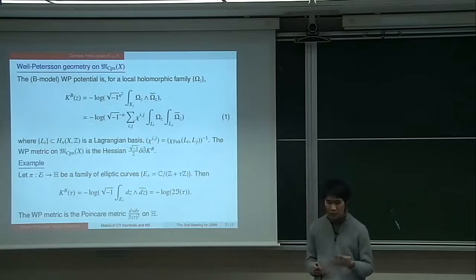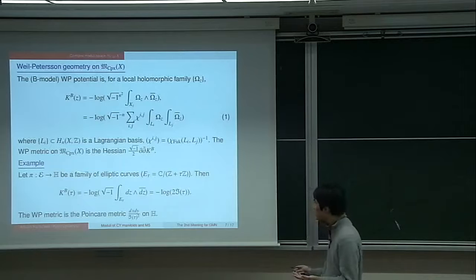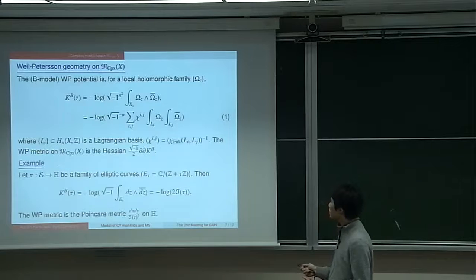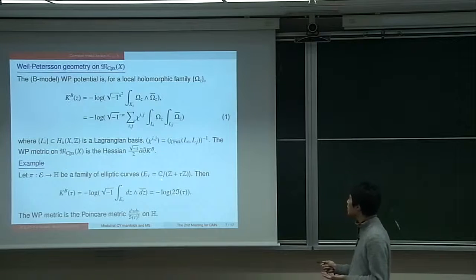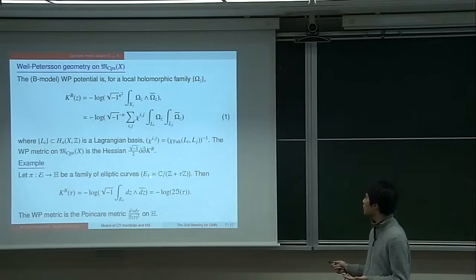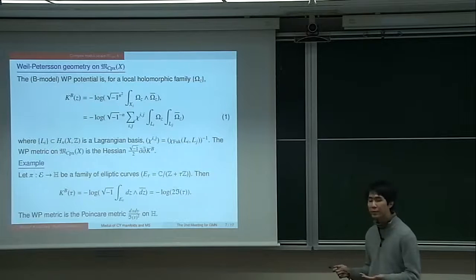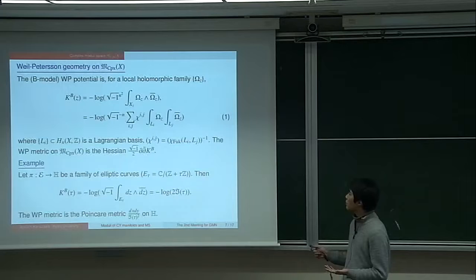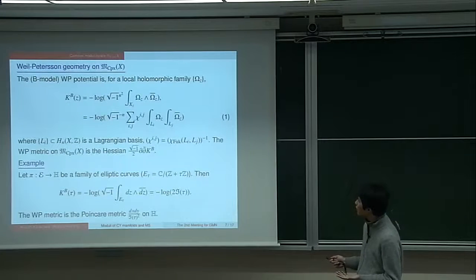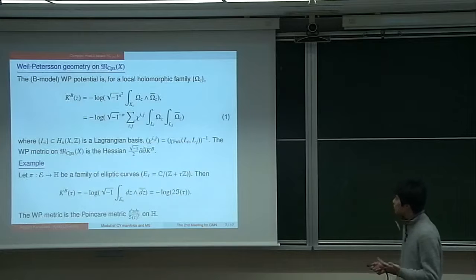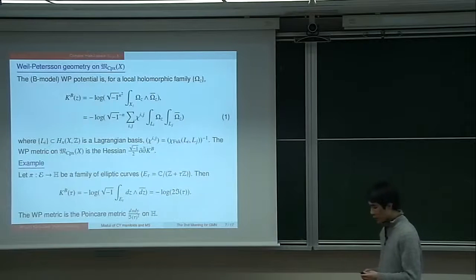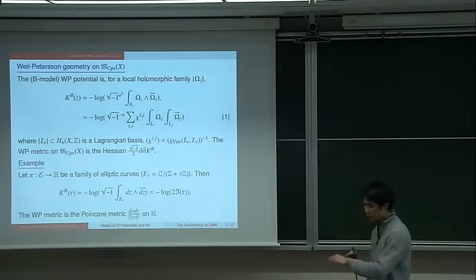So for example, if you consider a family of elliptic curves over the upper half space, where the fiber over tau is just the standard elliptic curve, then by definition, you can compute the potential as follows, and it gives rise to the Poincare metric on the upper half space.